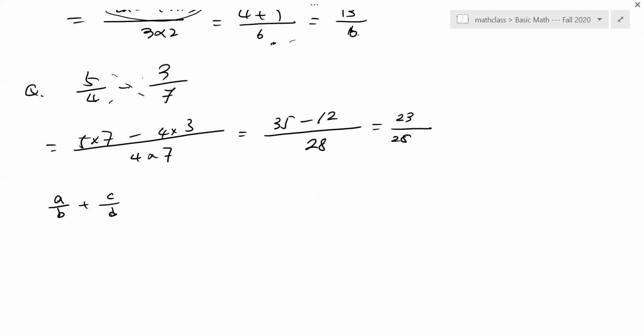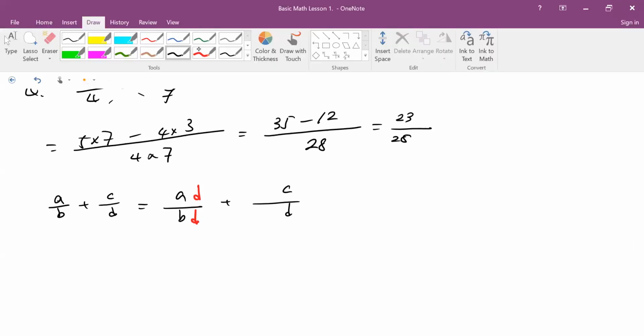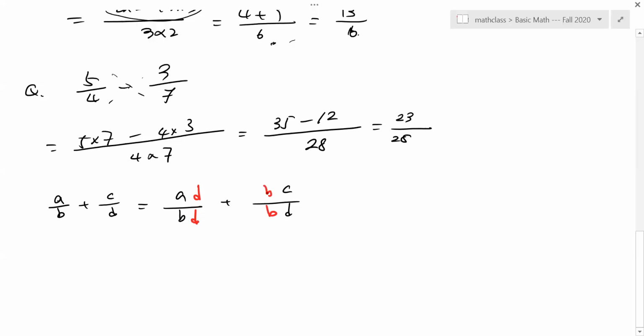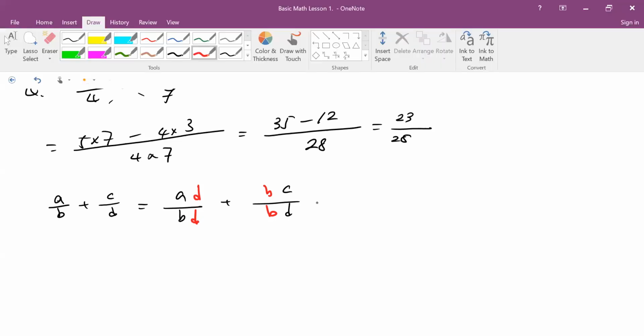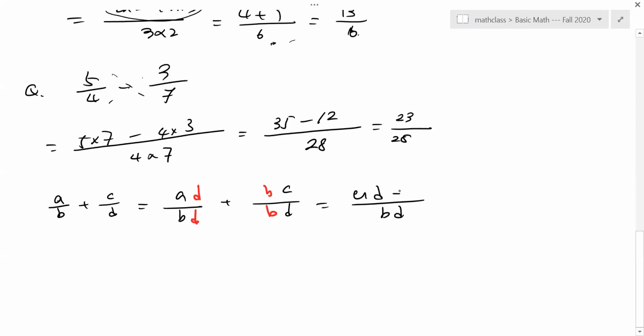So to add them together, I have to get a common denominator. So here, what I'm going to do is multiply the denominator by D and the numerator by D, right? Here C over D, but I want to get a BD in the denominator. So I put a B here, put a B here, right? And then you have a common denominator. Okay, AD minus BC.